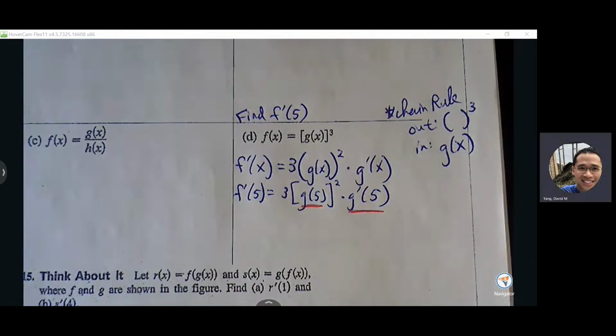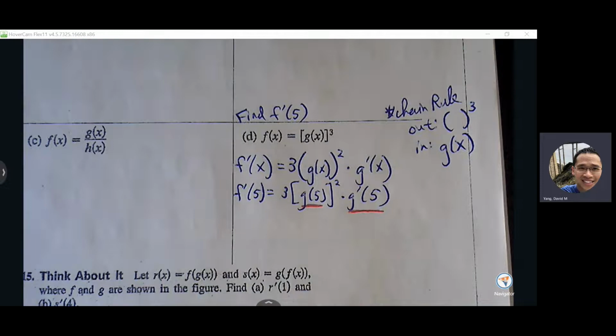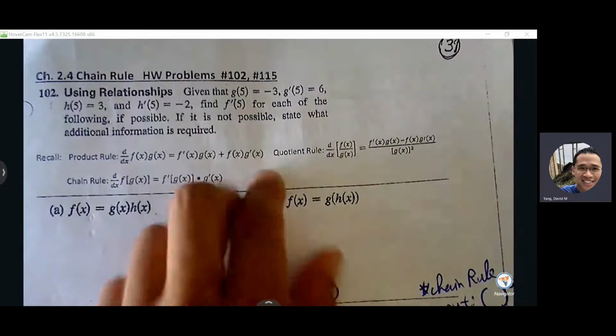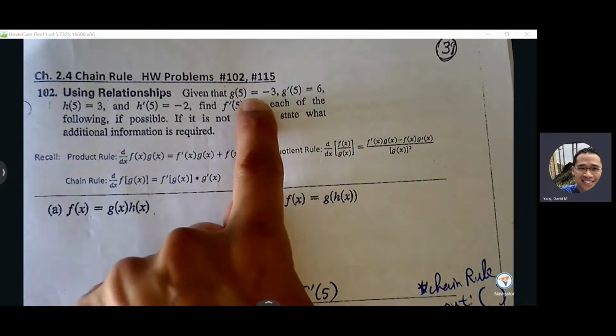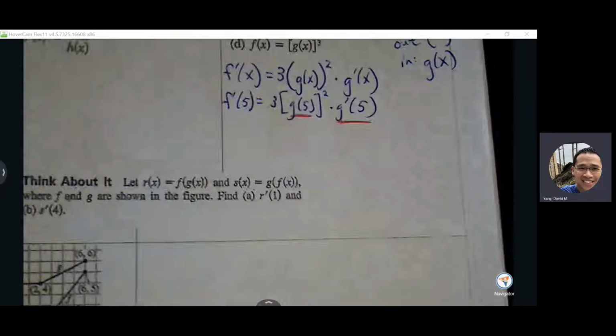Okay, so we look at the top of the page. If it's a graph, then we look at it from a graphing perspective. If there's a table or if it's given to us, we just try to find those values. So g of 5 is -3 and g prime of 5 is 6. So we can just make those substitutions.